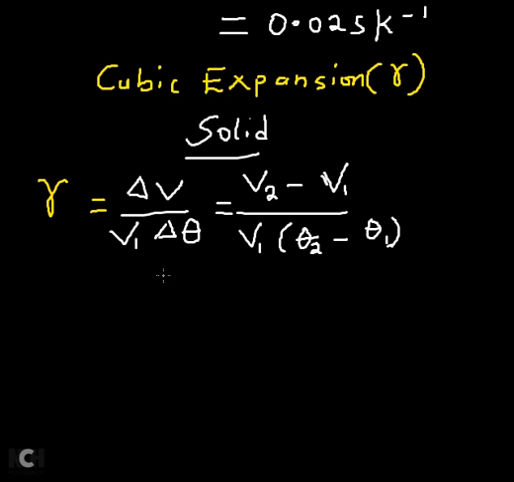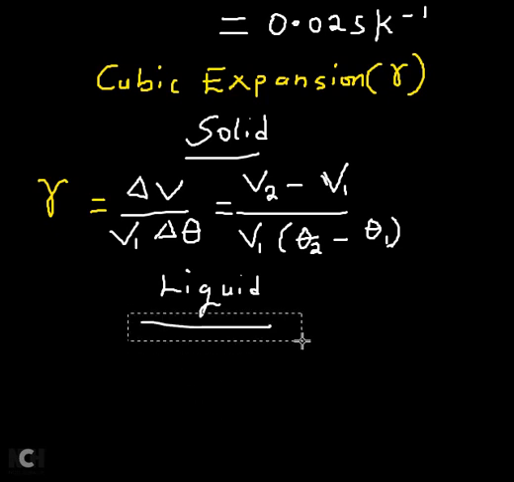But when you measure it for a liquid, the cubic expansivity of a liquid is going to be of two types. One type of cubic expansivity of a liquid is known as the apparent.